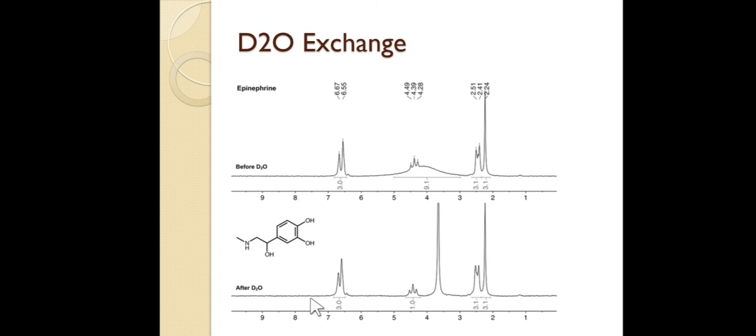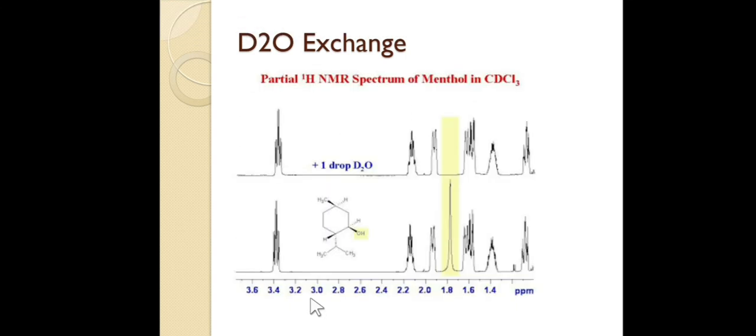Let's see another spectrum. We have the spectrum of menthol, and we have OH in the menthol. This is the peak associated with the OH, and it is in between all the CH2 and CH3 protons, that is the aliphatic region.